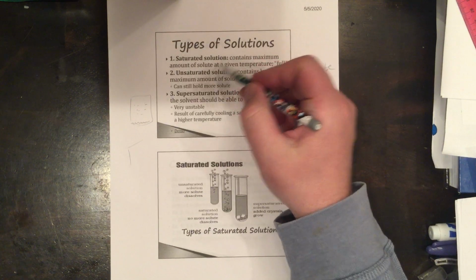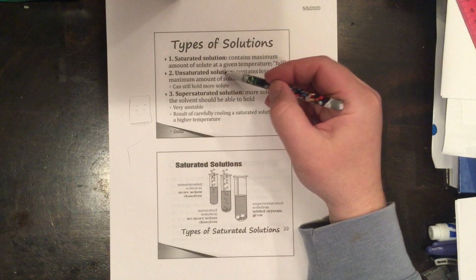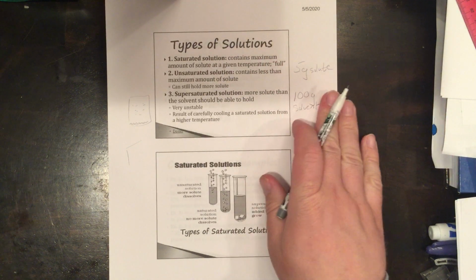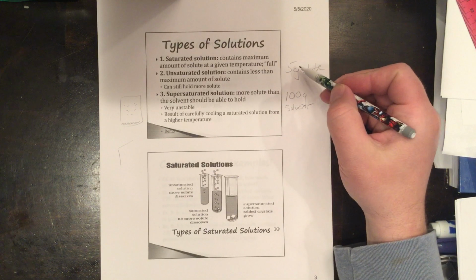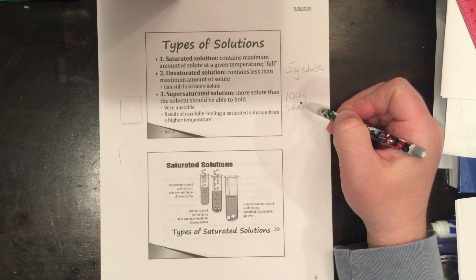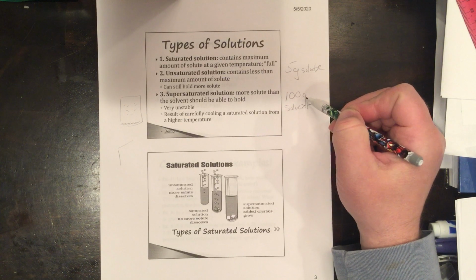So to me, these are a little out of order, because I would always do unsaturated first. So let's just make up a situation here. Let's say that the maximum amount of solute is 5 grams in 100 grams of solvent.